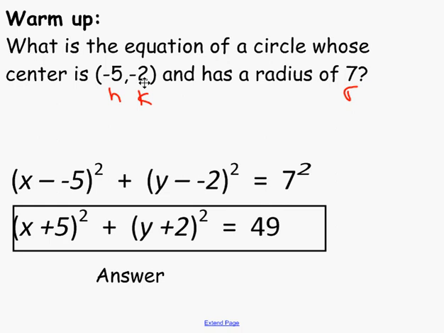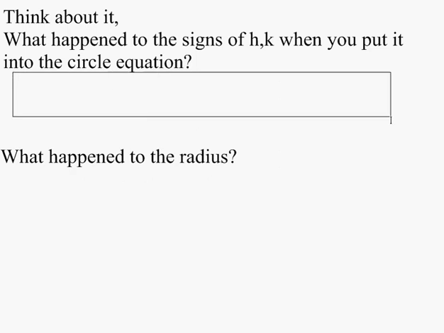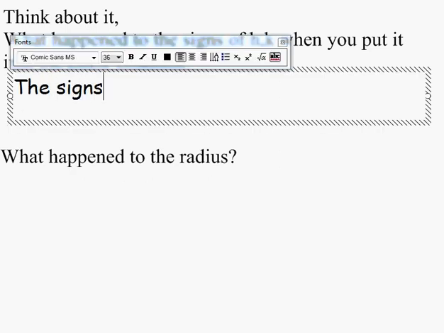And when you put that -2 into the circle equation, the subtraction sign changed it into a plus 2. Well, that's because the subtraction sign is just going to negate, and negate means just change the sign or give it the opposite meaning. So that's what happened. So to answer this question, what happened to the signs of h and k when you put it into the circle equation, we're going to say the signs changed.